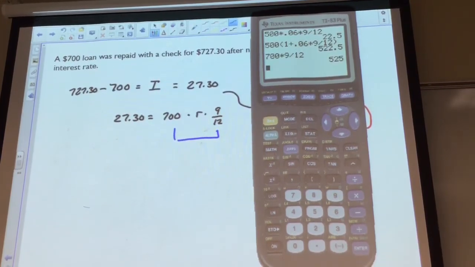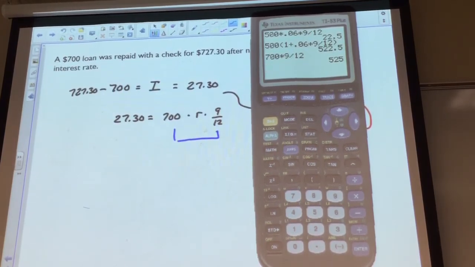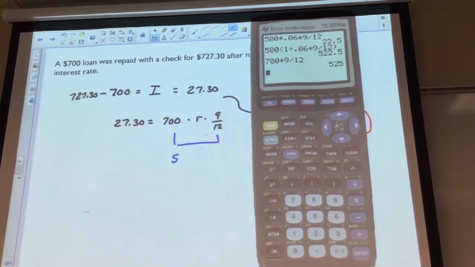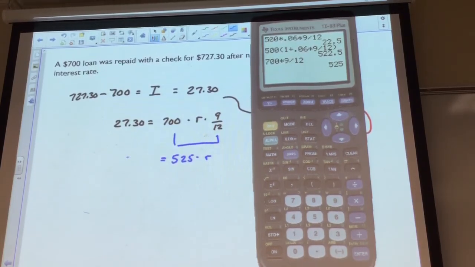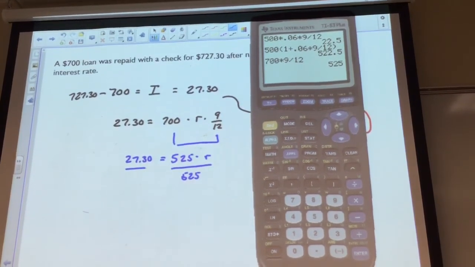And rounding off in the middle of the problem is just a kiss of death in the exercise. It's not a good situation. So if you did the problem this way, this is one way to do it, because now you got 525R being equal to 27.30, and you know good and well that at this particular point you have to divide by 525.